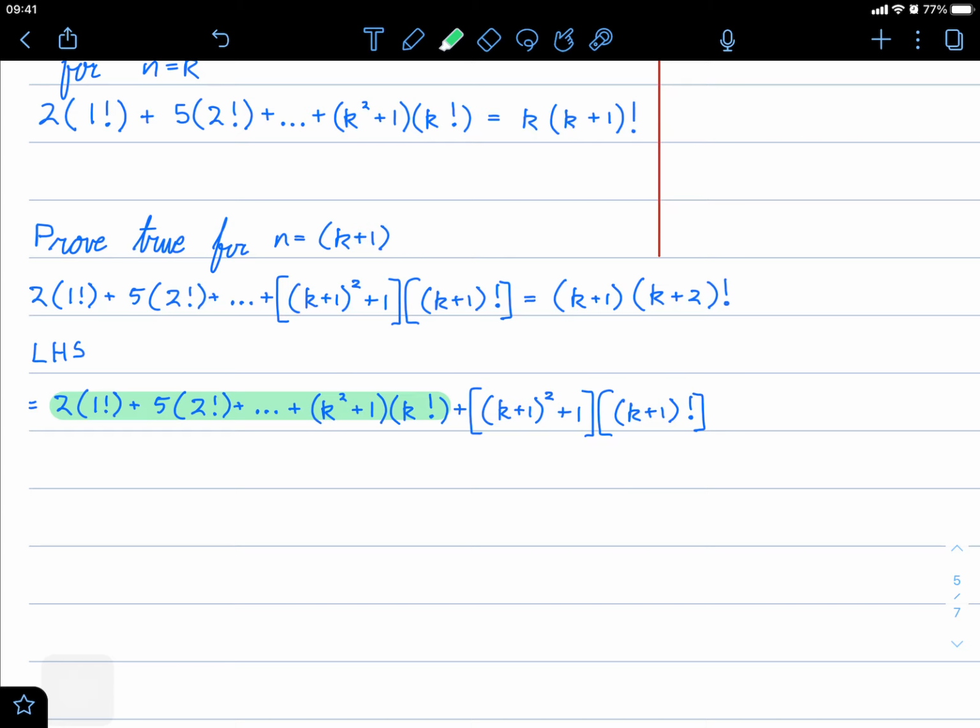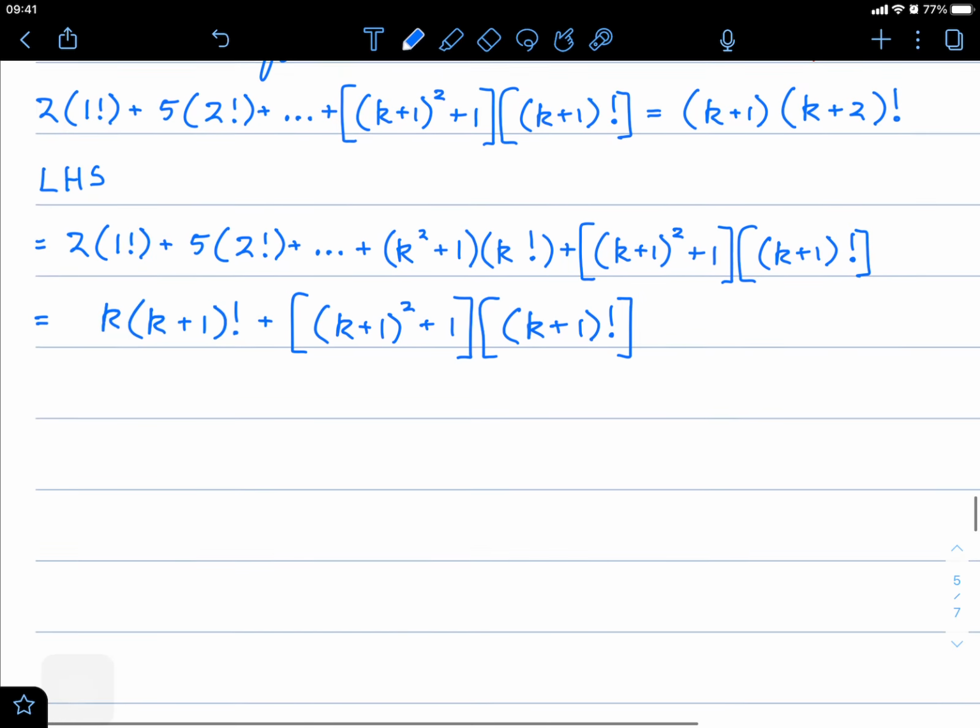This expression is here, and we assumed that to be equal to this. So substituting that, we get k times k plus 1 factorial plus k plus 1 squared plus 1 times k plus 1 factorial.